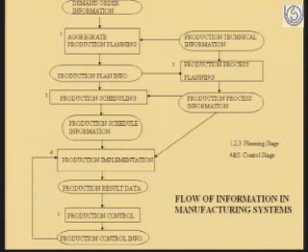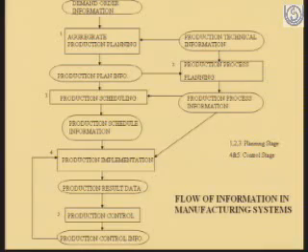Now, among all these activities, you will find in this diagram some numbers given, 1, 2, 3. 1 is aggregate production planning, 2 is production process planning, and 3 is production scheduling. These 3 activities we call the planning stage. And also we have 4 and 5. 4 is production implementation and 5 is production control. This we call the control stage.